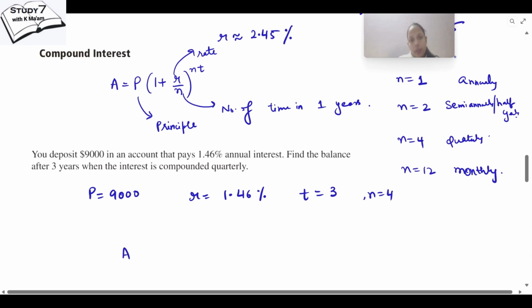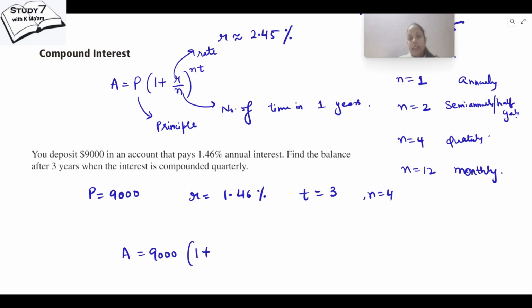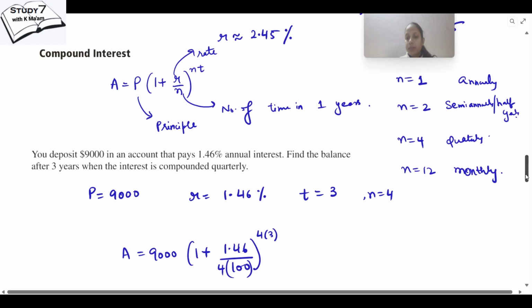Substitute in the formula: 9,000 times 1 plus 1.46, remove the percentage so 100 will be there, over n, so divided by 4, to the power 4 times 3.